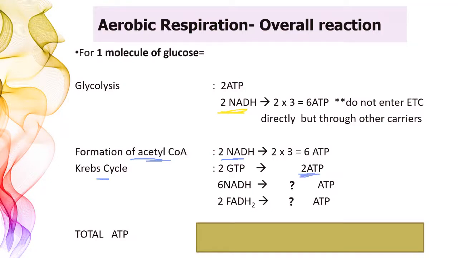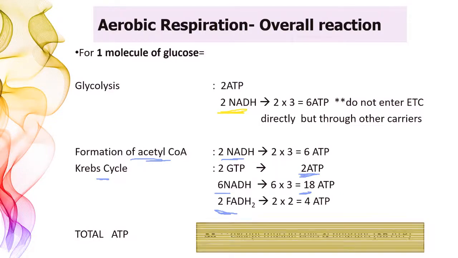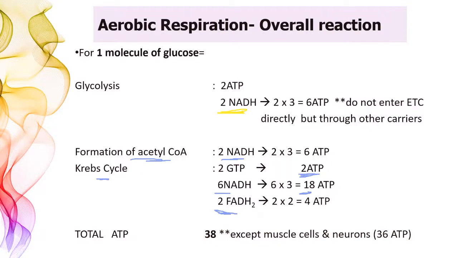The 6 NADH and 2 FADH2 will need to enter the electron transport chain, and respectively, 6 NADH will produce 18 ATP, whereas 2 FADH2 will produce 4 ATP. Hence, the total ATP from the overall reaction of aerobic respiration is 38.